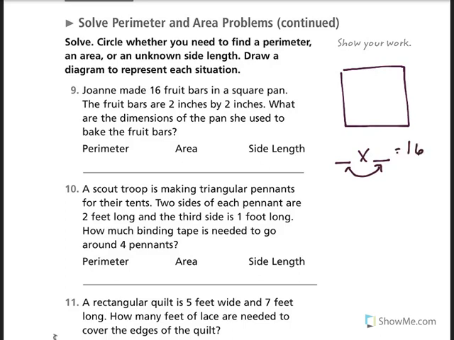Well, I know 1 times 1 is 1. 2 times 2 is 4. 3 times 3 is 9. 4 times 4 is 16. That's right.